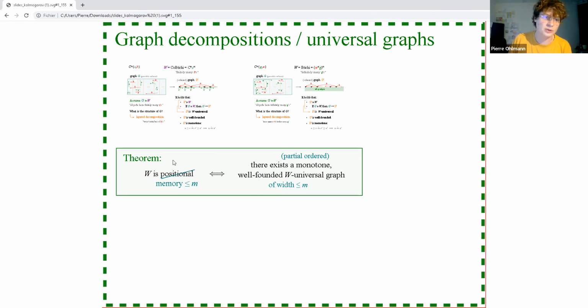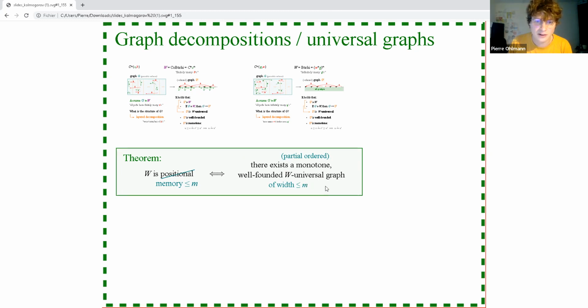If you want to understand objectives that have memory M, some finite M, then it corresponds to having a universal structure which is partially ordered, well-founded, and such that the antichains are bounded by M.